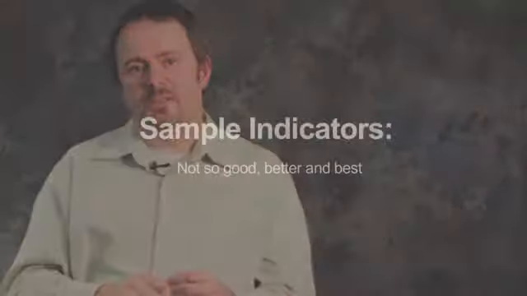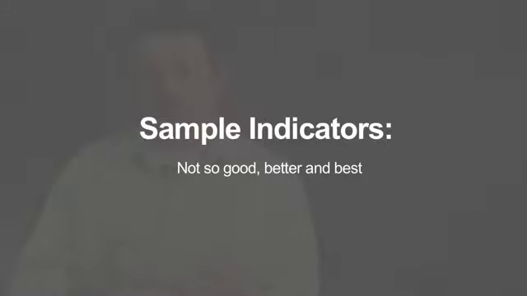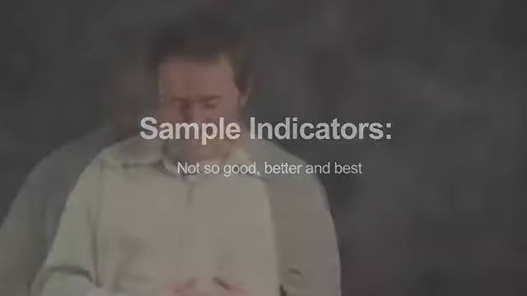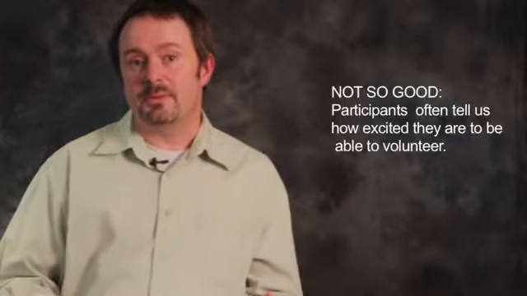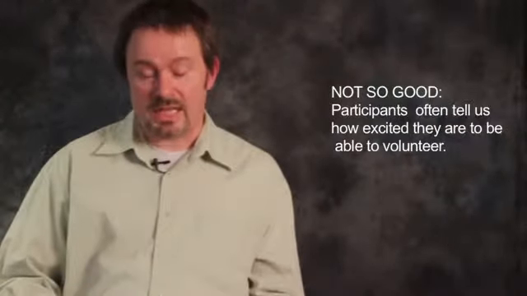This last little chart is just an illustration of how different people come at the problem of finding the right indicators when they're trying to do a good report on whether their program has made a difference. For example, if the outcome was increased engagement in age-appropriate activities and life tasks, you could imagine different people coming up with indicators to show that that's happened. Someone might say, my indicator is participants often tell us how excited they are to be able to volunteer. Not such a great indicator.